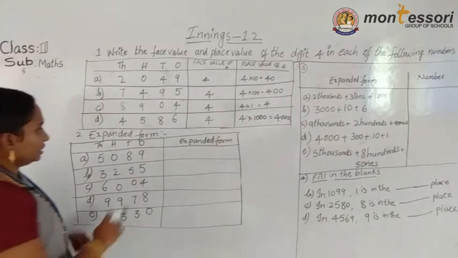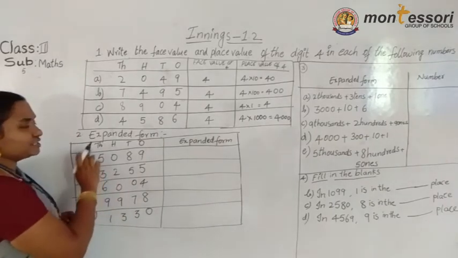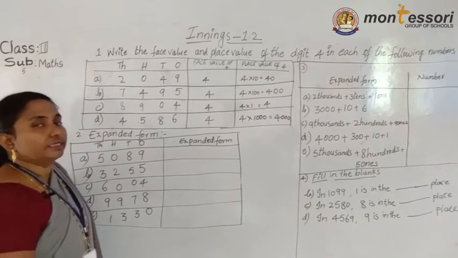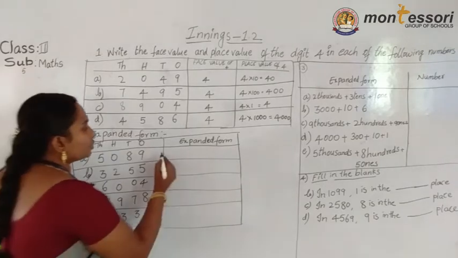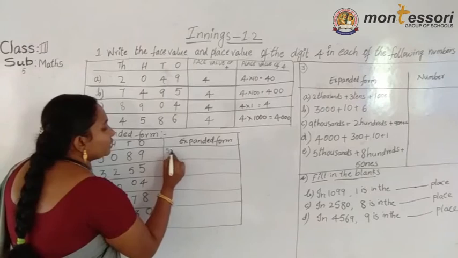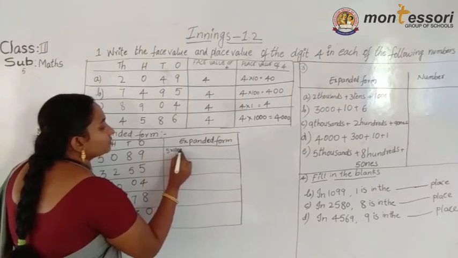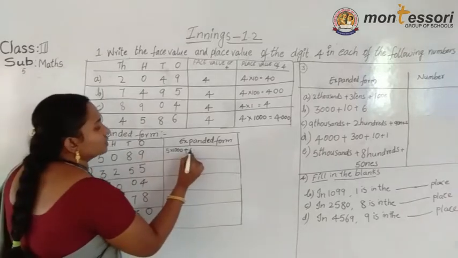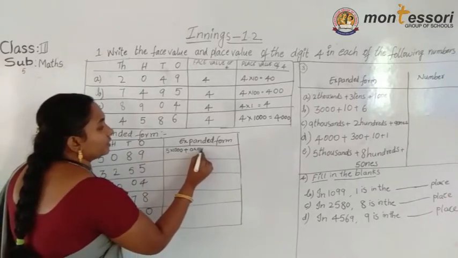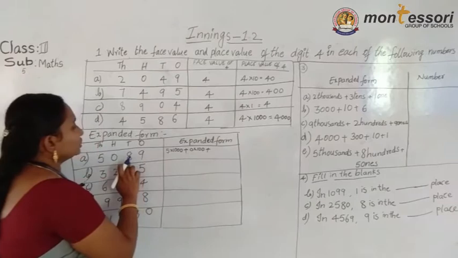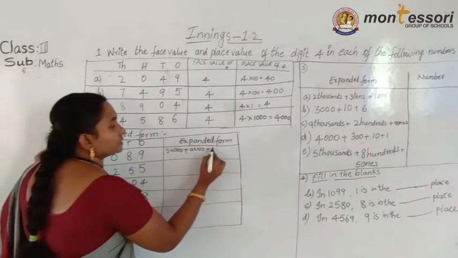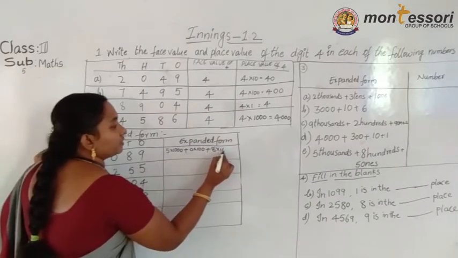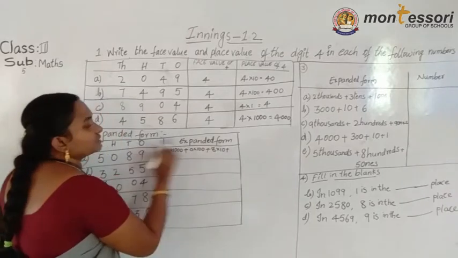First, 5 is in which place? Thousands place. So first 5 into 1000, plus next 0 is in which place? 0 into 100, plus 8 is in which place? Tens place, 8 into 10, and 9 in which place?